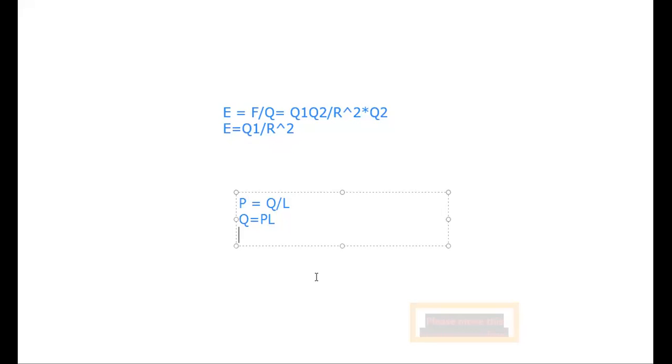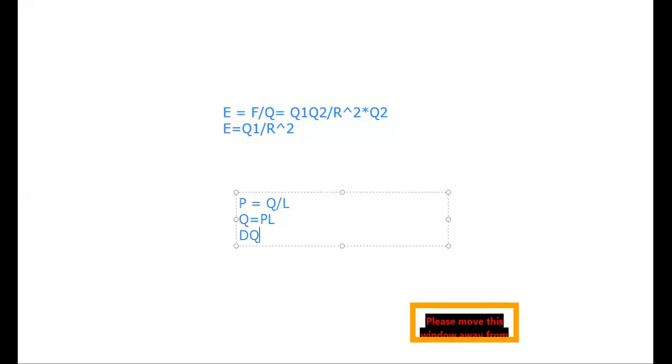So, differential charge. Why? Because the length of the line is infinite, we are unable to find exactly how much charge is available, so we always consider its differential length.